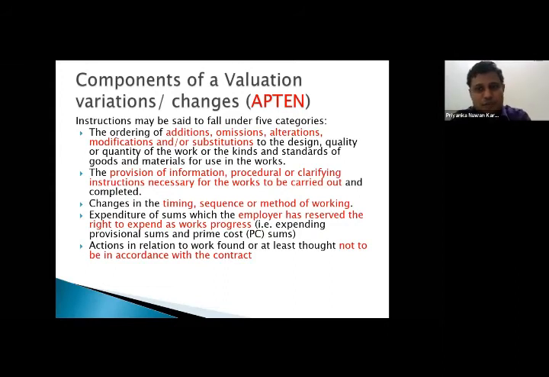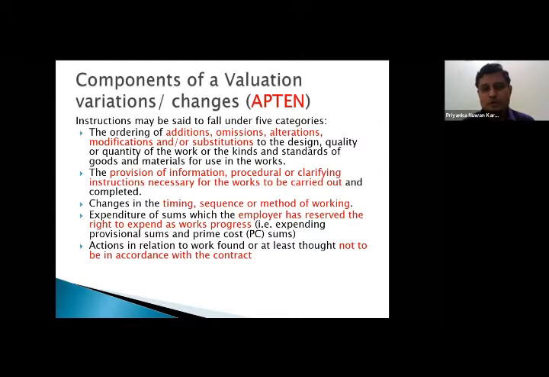This is one of my favorite ways of memorizing things, which I abbreviate the first letters of anything which I encounter. I used to call this APTEN. You will be easily able to memorize when I'm telling this. Variations and changes.